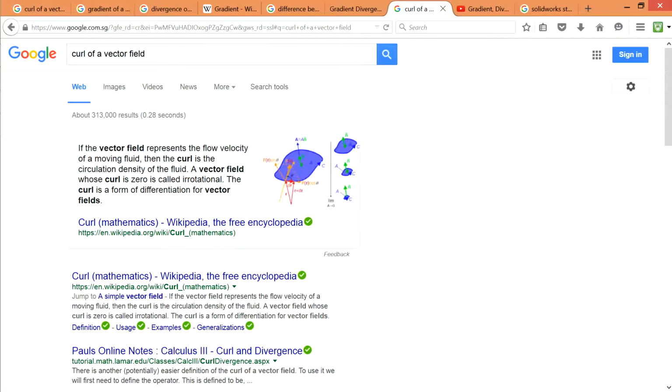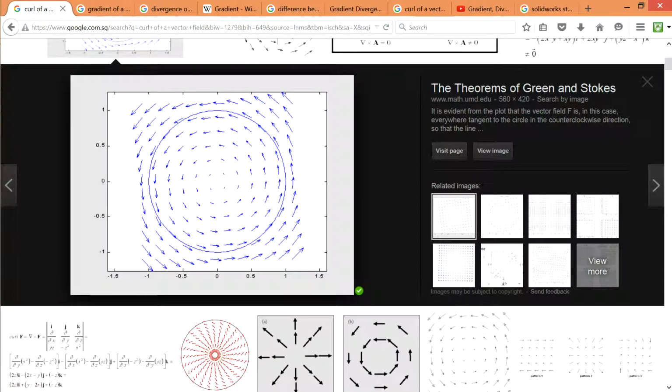If a vector field represents the flow velocity of a moving fluid, maybe air, maybe water, or heat, you can see it's some rotational stuff. And as you remember, the magnitude is dependent on the length of the vector, so the length of the vector will determine how powerful the magnitude is.